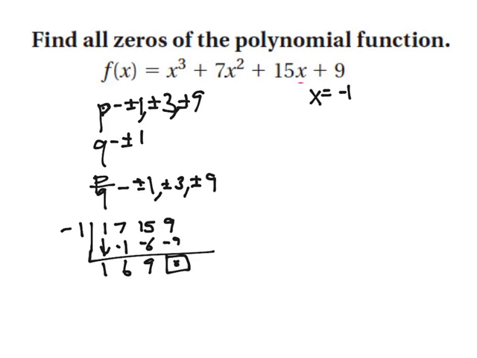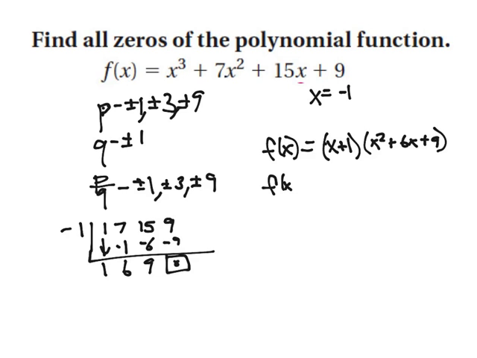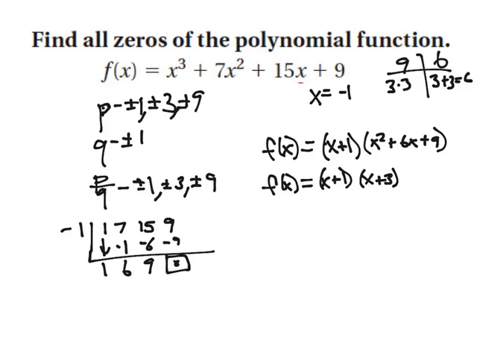And let's rewrite this because we've got it already down to squared, which is our goal. So we got x plus 1, x squared plus 6x plus 9. And so f of x equals x plus 1, and then we can factor that. Factors of 9 that sum to 6 is 3 and 3. 3 plus 3 equals 6, and so it's x plus 3, x plus 3.